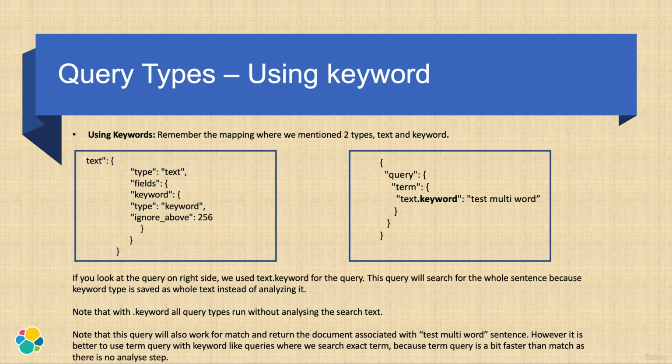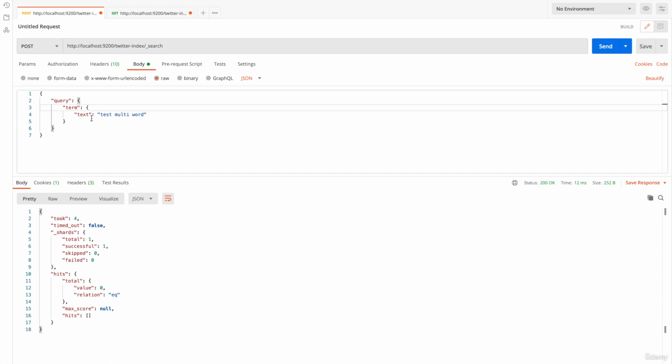Note that with keyword, all query types run without analyzing the search text. This query will actually also work with match query and return the documents associated with the test multi-word sentence. However, it is better to use term query with keyword-like queries where we search the exact term, because term query is a bit faster than match query as there is no analyze step.